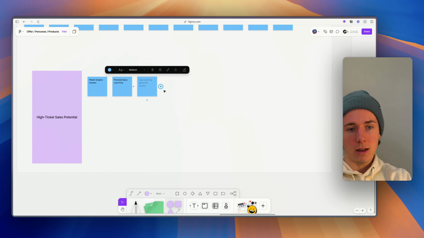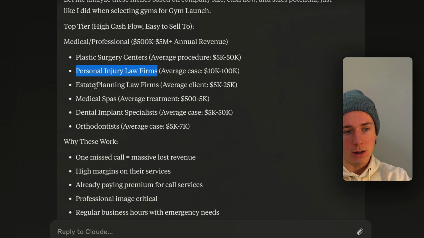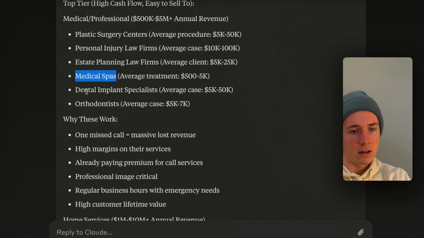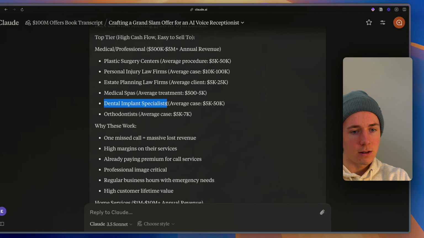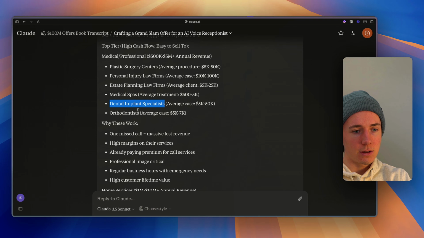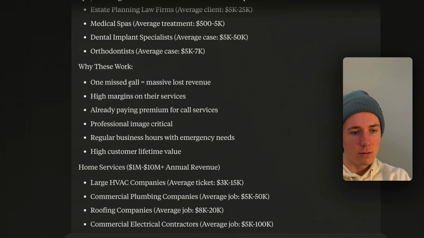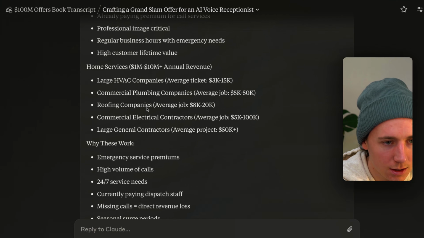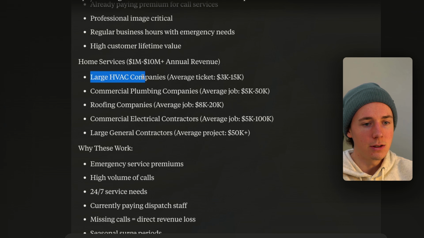We're just saying here's when you can meet with the lawyer. Estate planning law firms, medical spas. What's a medical spa? Dental implant, like orthodontist. They probably don't actually need too much. A lot of these are, all right, so large HVAC companies, commercial plumbing.